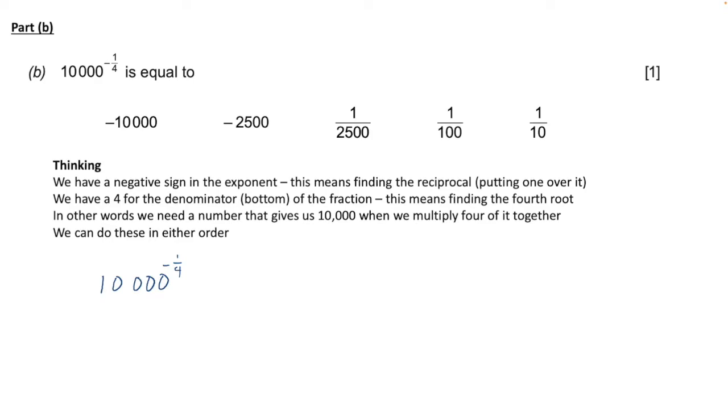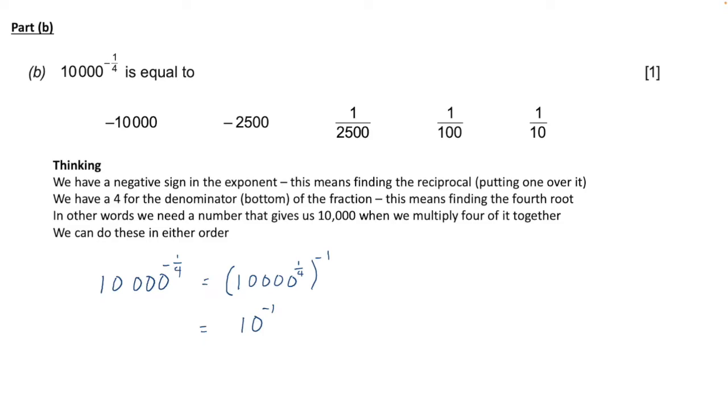So 10,000 to the power of minus a quarter. We'll first of all separate them off, so we can say 10,000 to the quarter to the power of minus 1. 10,000 to the power of a quarter, well, 4 tens multiplied together will give us 10,000. So it must be 10.